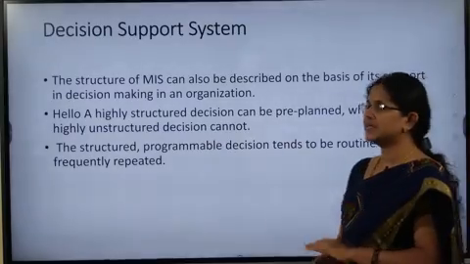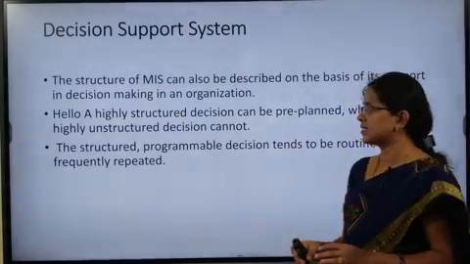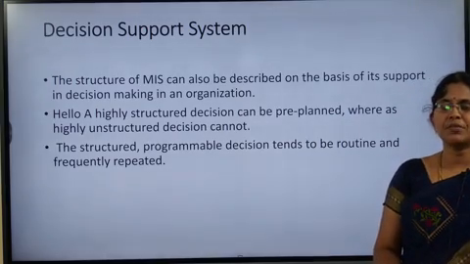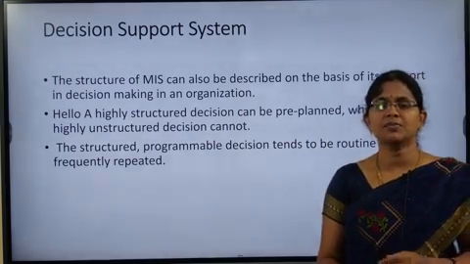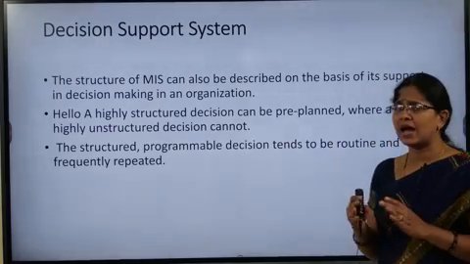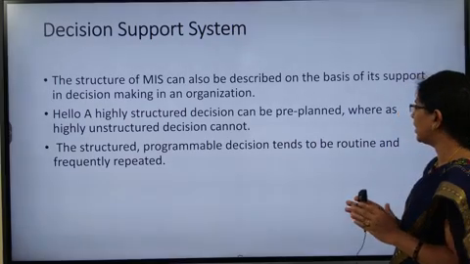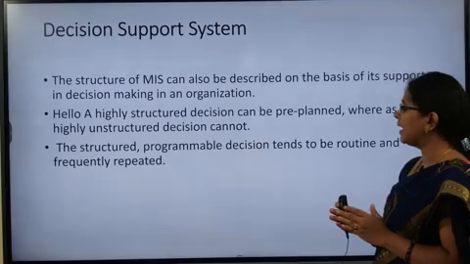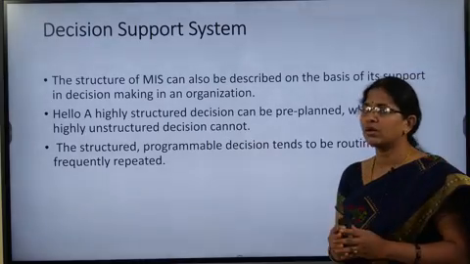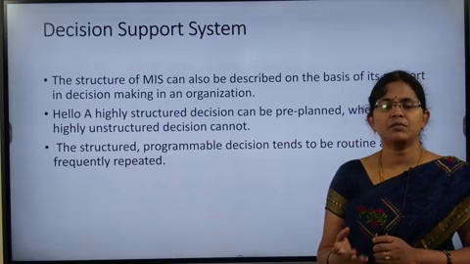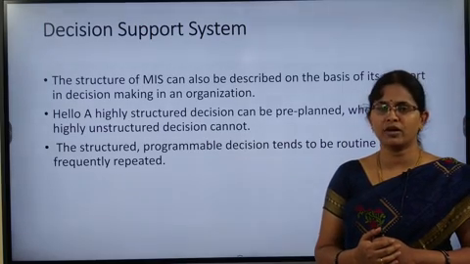And the fourth one is decision support system. Here we can also describe the management information system in a decision making criteria. Because it is a highly structured decision making which will be pre-planned, whereas a highly unstructured decision cannot, because as we know, a small mistake can lead to huge loss for the organization.